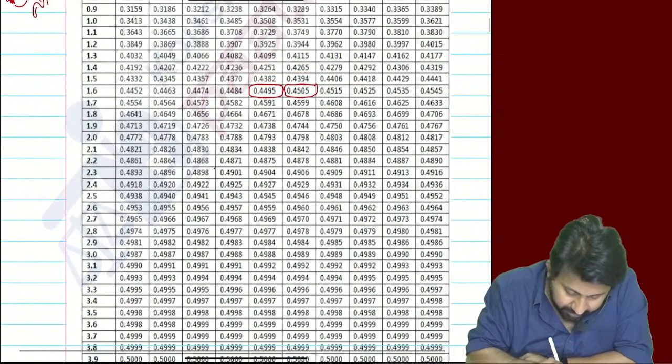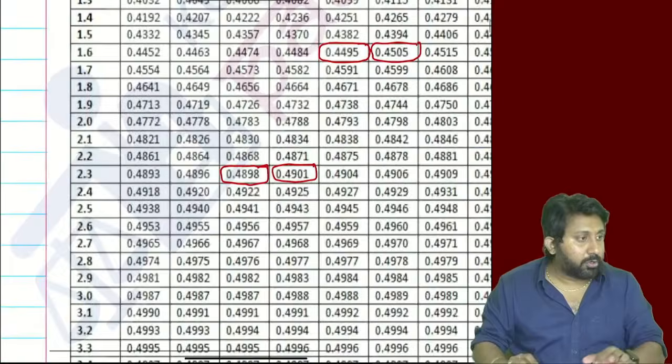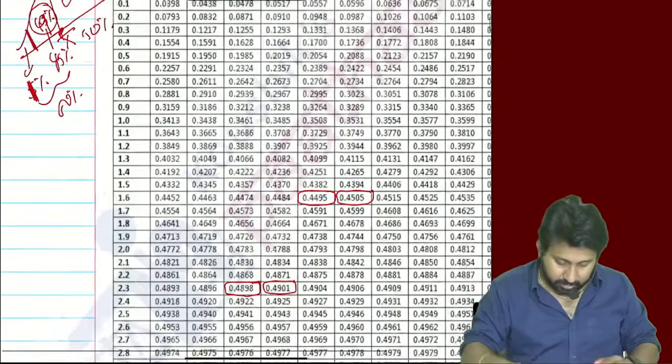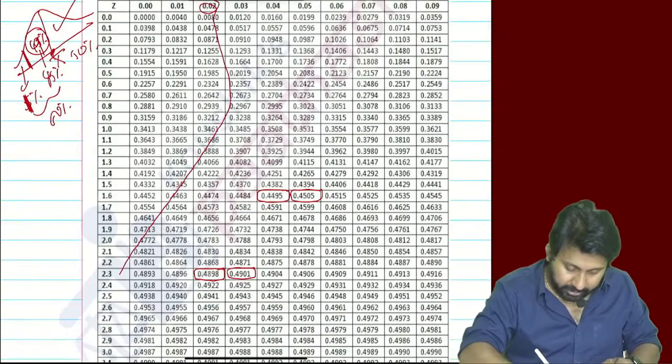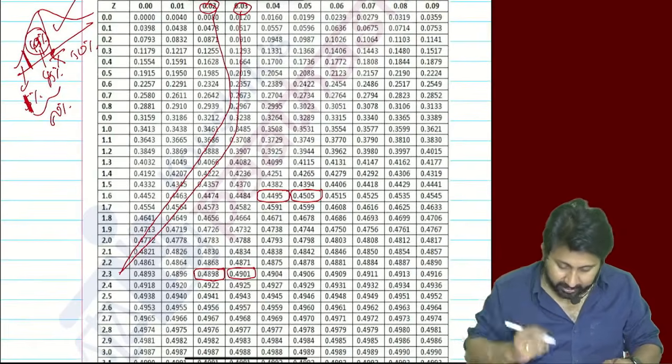0.49 is between these two. Okay. 2.3, 2.32, 2.33.